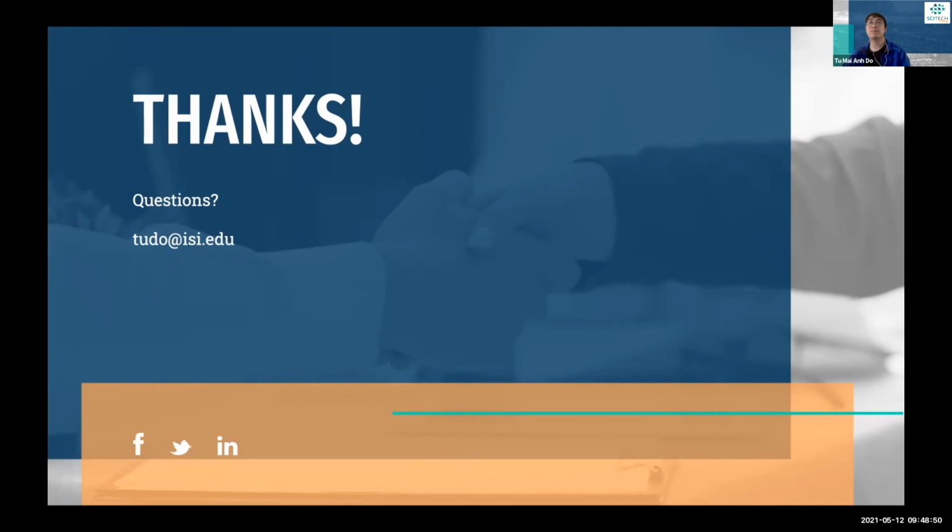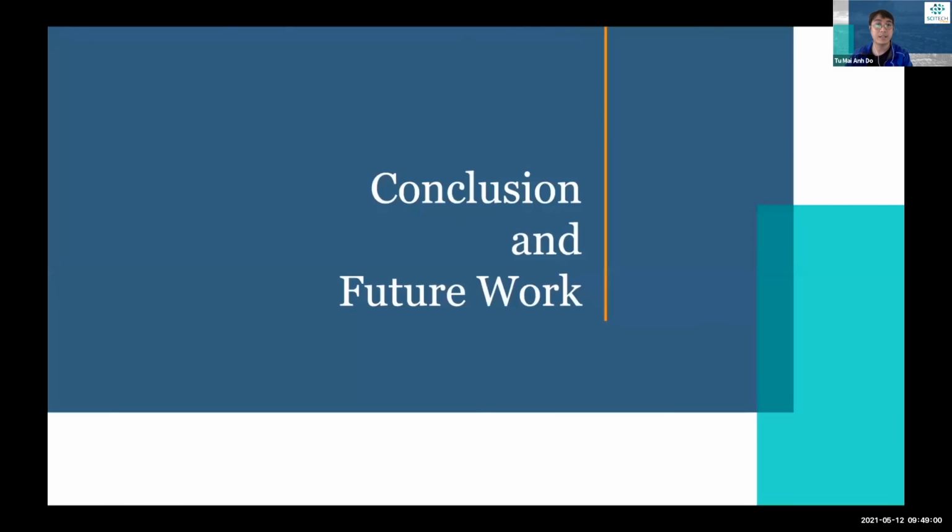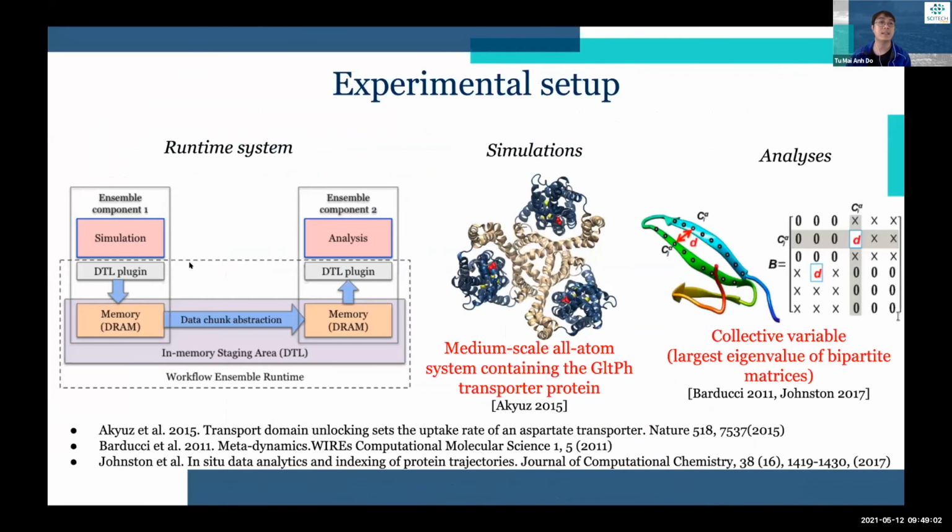Yeah. So basically, for the framework that I showed you here, the framework has abstracted the data that is generated by the simulation. So it means that the data generated by the simulation can be generalized to other simulations as well.